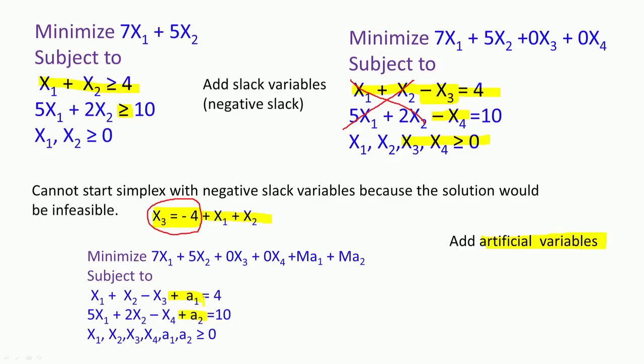So, we introduce two artificial variables a1 and a2, and now we can start the simplex table with them. We know that the slack variables do not contribute to the objective function. Now, we have to find out the contribution of the artificial variable to the objective function.